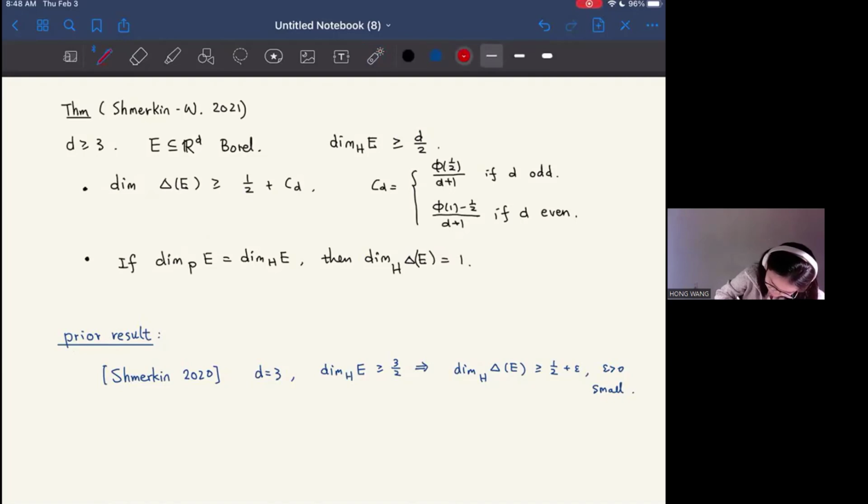So here, when D equals 3, this is still Hausdorff dimension. But when D is greater than or equal to 4, then we only have lower Minkowski dimension.